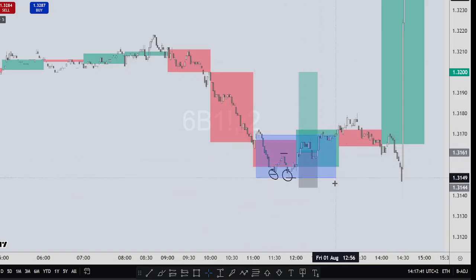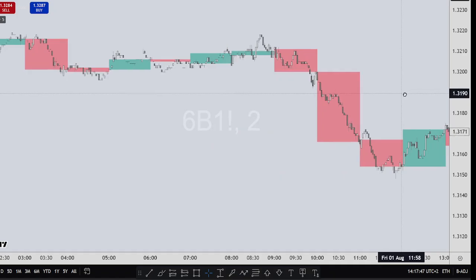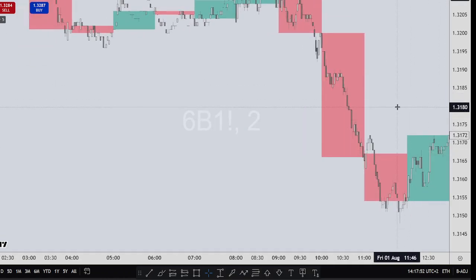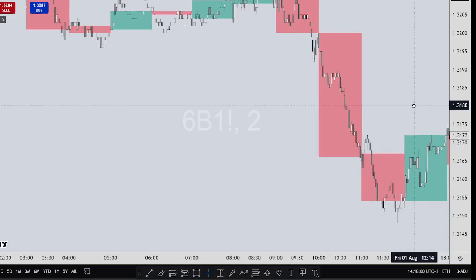Okay, so next one we find, right? So we have the green box, and so it closes higher. If we want to find a reversal, it's gonna happen higher than this, and if we want to continue, it's gonna happen below here. What do we get?